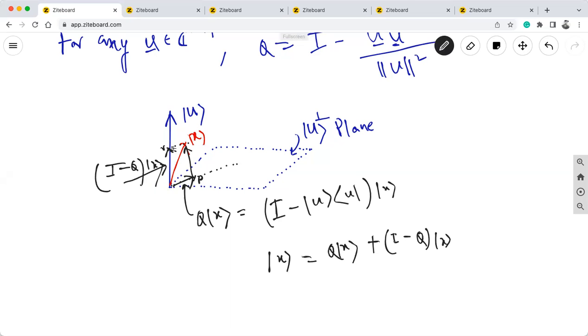Any arbitrary vector you can resolve onto the plane perpendicular to u and onto the same u plane. So by this way you can represent any arbitrary quantum state vector.